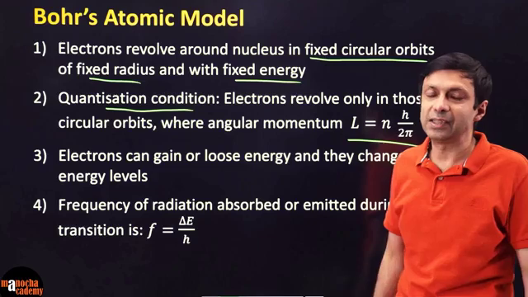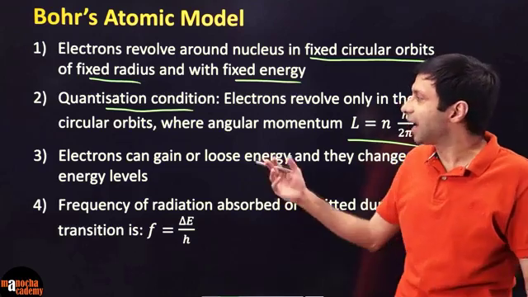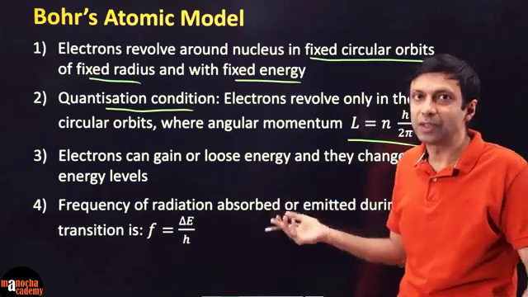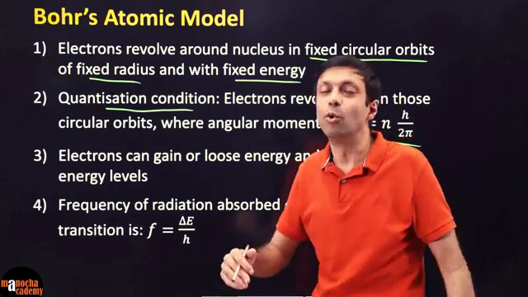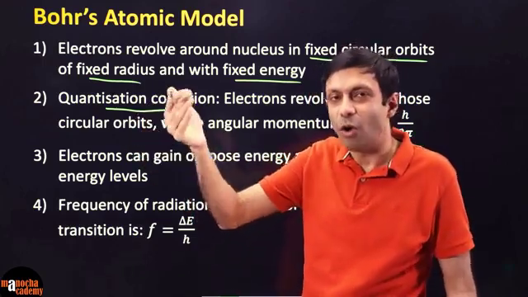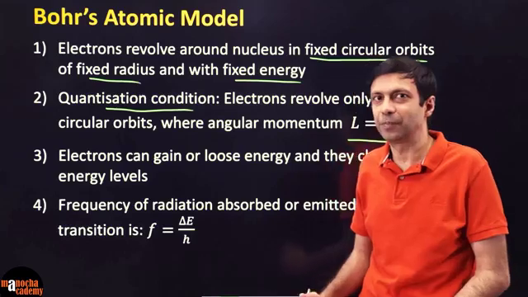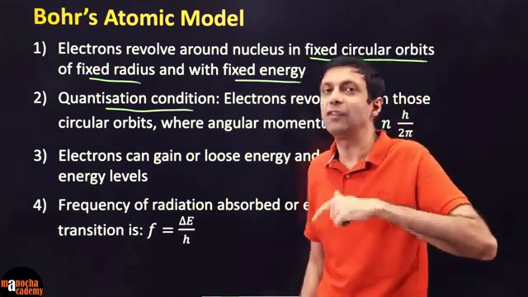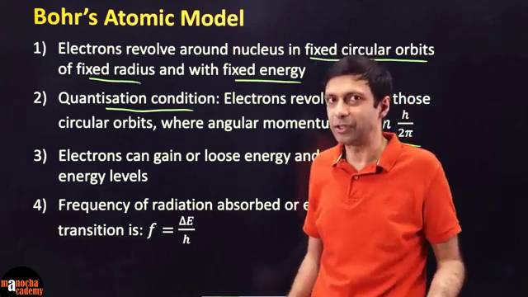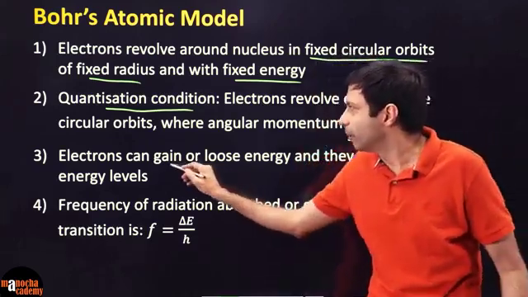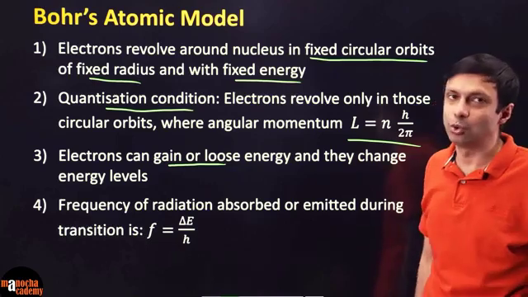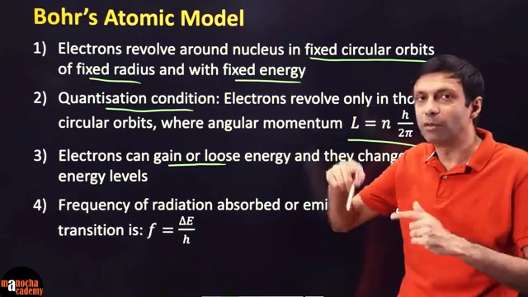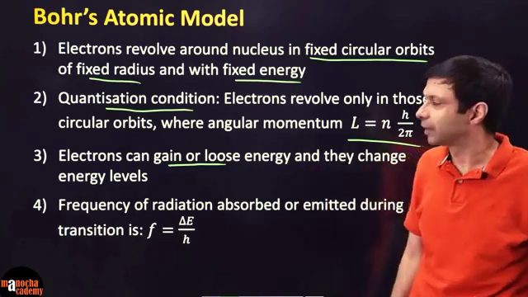The third postulate says that electrons can gain or lose energy, and when they do that, they will move to a higher shell or come down to a lower shell. Remember, they can gain or lose energy, but only when they are moving from one shell to the other.